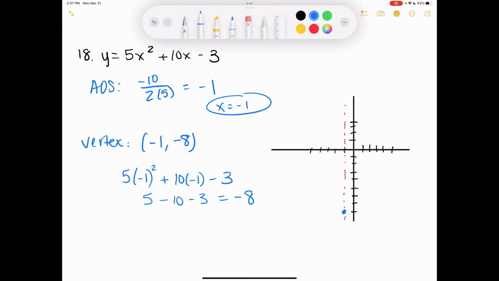So, 5 times 0 is 0, plus 10 times 0 is 0, so -3. So, at 0, I'm going to go to -3. That's 1 away from my axis of symmetry, so I'm going to go 1 away on the other side and draw the other point. And connect the dots.